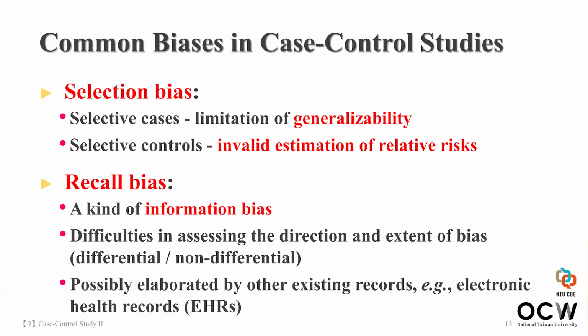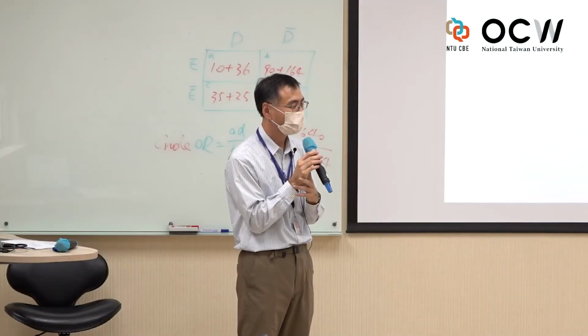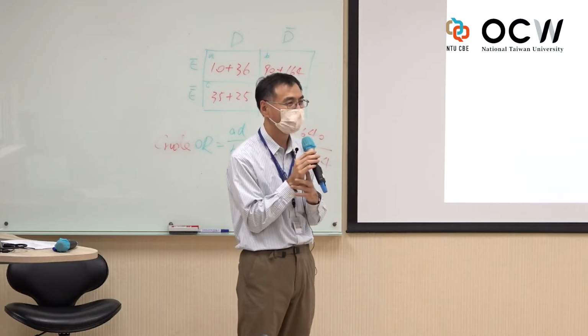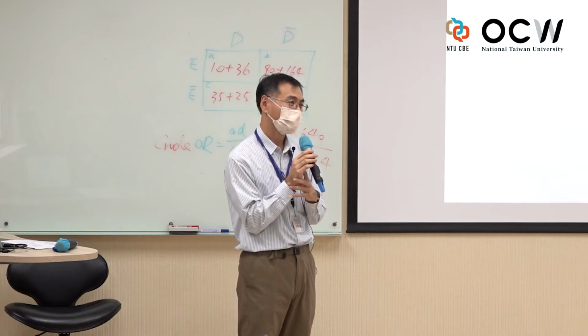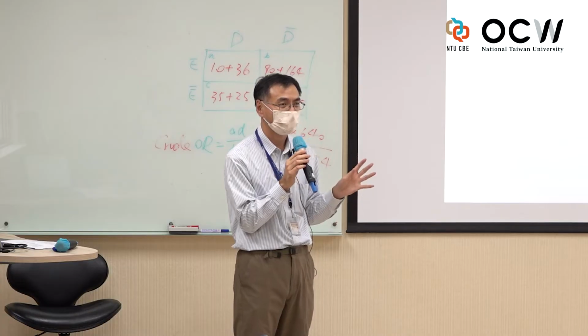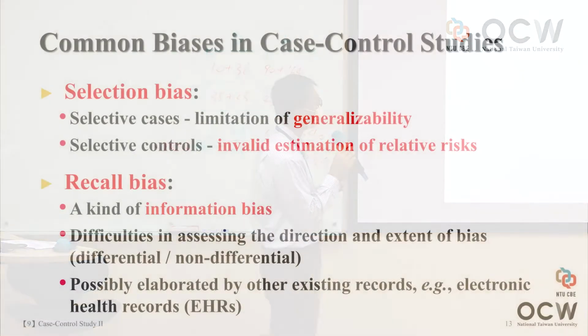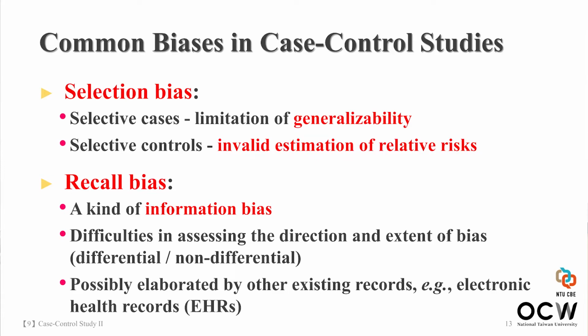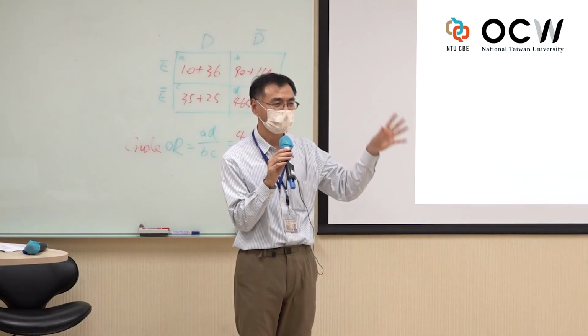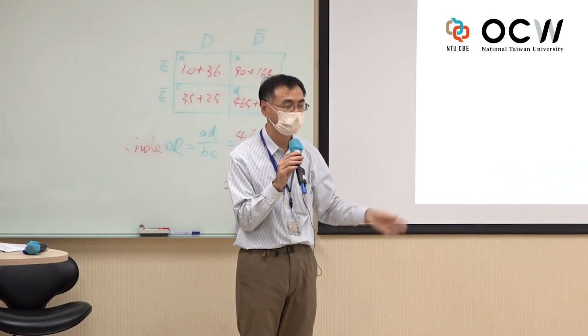If the case is selective, for example in a single or mono hospital study, then the cases there might be very different from everyone else with the disease in the population. But it only causes a limitation of generalizability. In other words, the estimation result might not be generalizable to a bigger scope of the population or the national population.